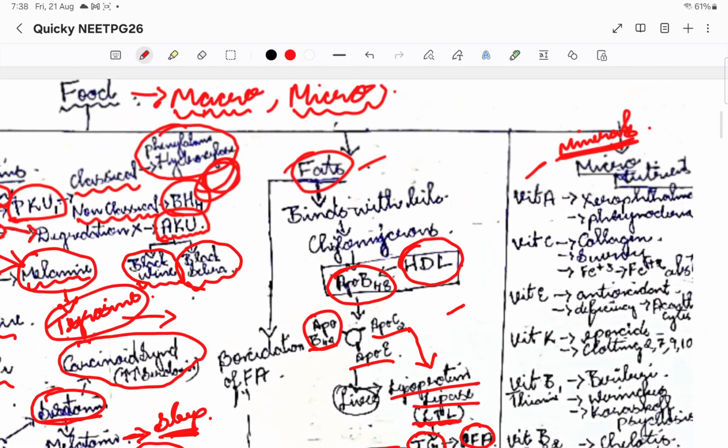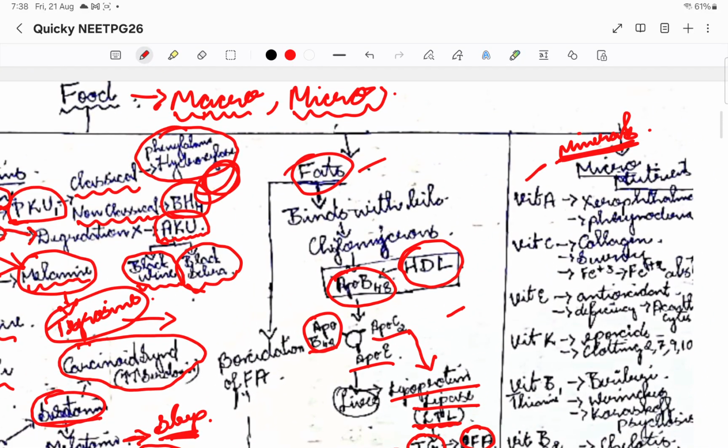Vitamin A deficiency causes xerophthalmia or phrynoderma. Phrynoderma is a dermatological disorder where we will see vesicles on the extensor aspect. This is what we will see when there is vitamin A deficiency. Xerophthalmia, vitamin A, you would have definitely learned from your 5th standard that it gives eye vision, right?